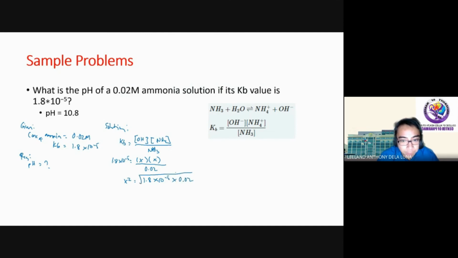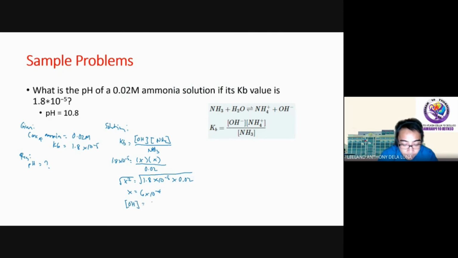Right? Get the square root of that. 1.8 exponent negative 5 times 0.02, square root of the answer equals 6 times 10 to the negative 4. Okay, so this is the amount of OH.